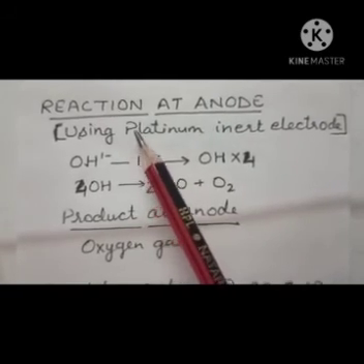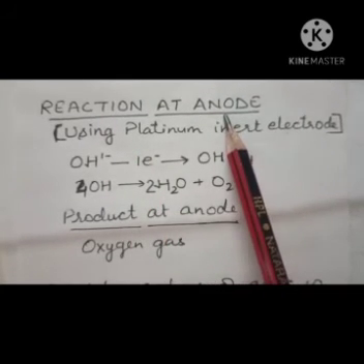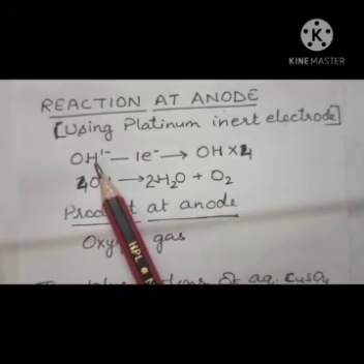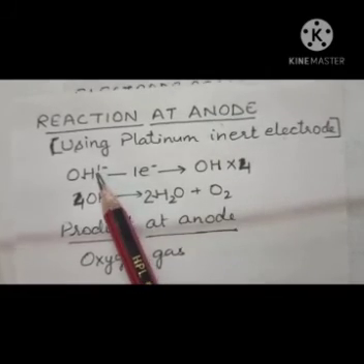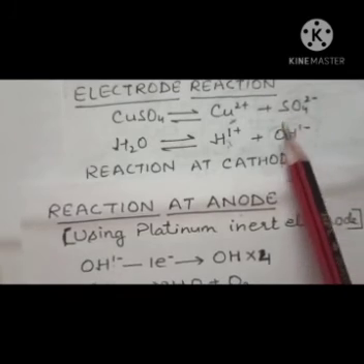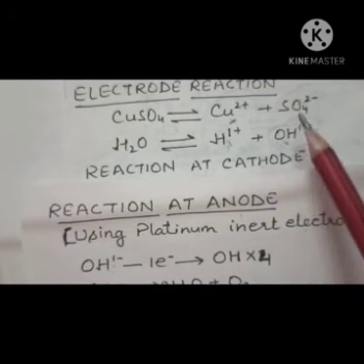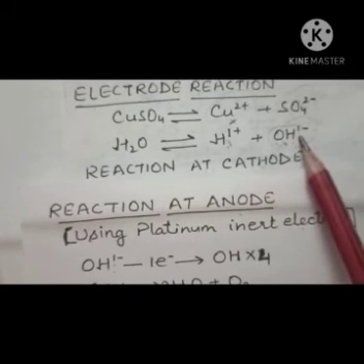Okay, if you are using platinum inert electrode as an anode, then this time what is the reaction? All of you know that two ions are there in the solution, that is your hydroxyl ion and sulfate ions, right? And both will migrate towards the anode, and who will discharge at anode? That hydroxyl ion will discharge at anode.